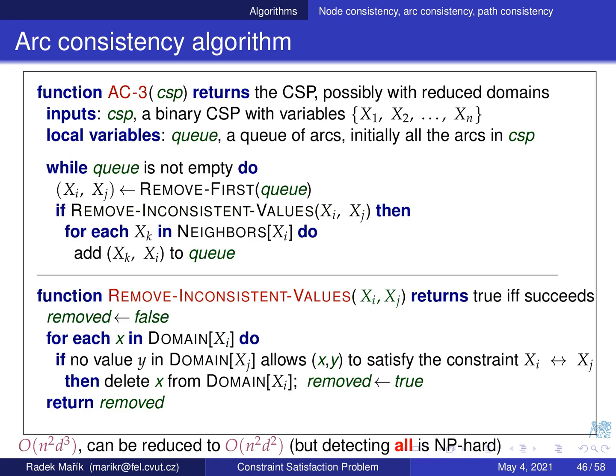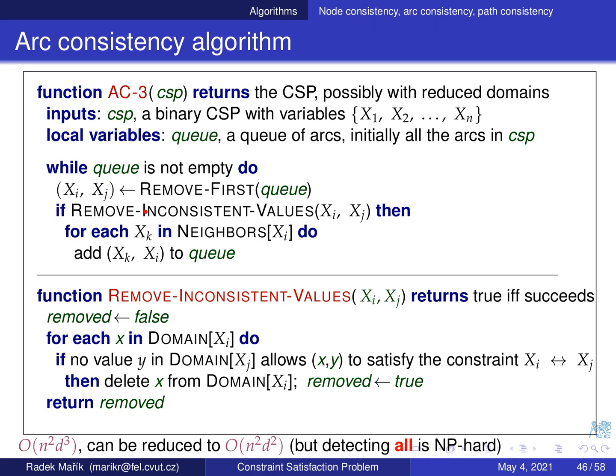The pseudocode for this algorithm is again quite easy. It is called AC-3. So we have a queue of what should be checked, what variable pairs should be checked. You take the first from the queue.